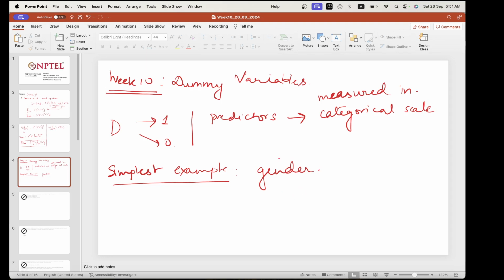This is a dichotomized variable where gender can usually be male or female, or if we consider something else as other, then this is also a categorical variable. So if I want to incorporate this information into my regression model, I would have to resort to dummies. Now how many dummies, that we'll see in the next case.